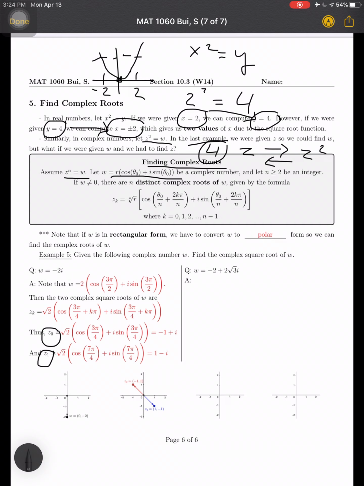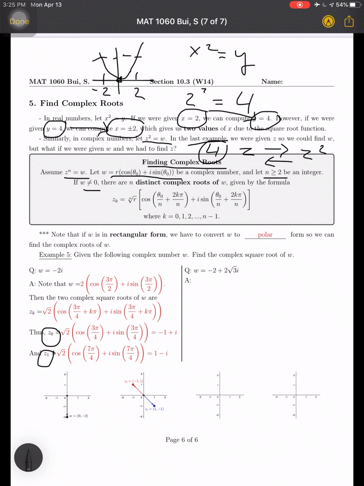And n has to be at least 2, so n cannot be 0 and n cannot be 1. W has to be different from 0 because it cannot be the origin. And n would be the number of distinct complex roots. For example, if you have z squared, you have two complex roots.